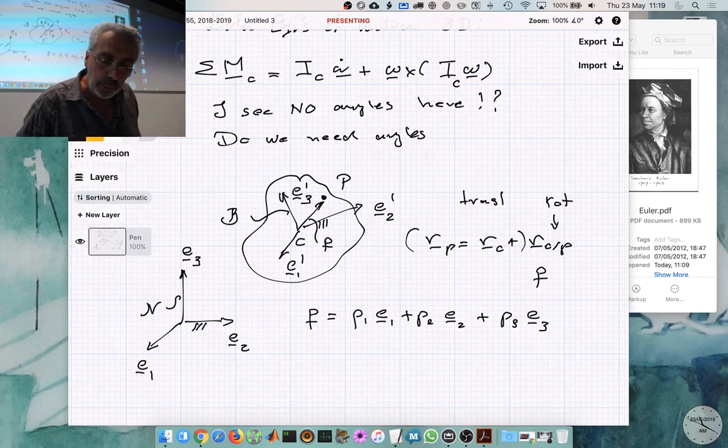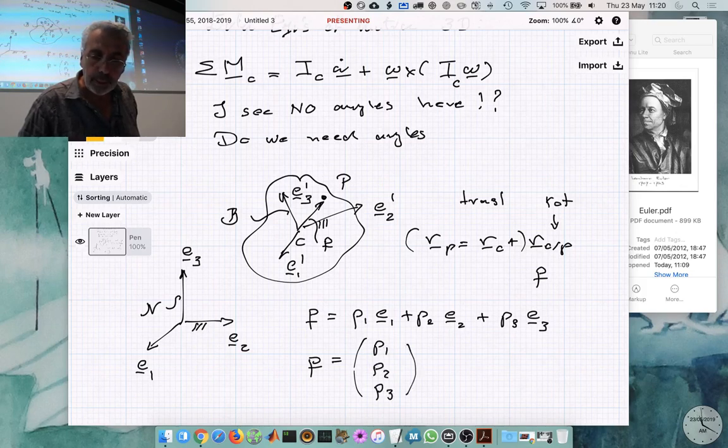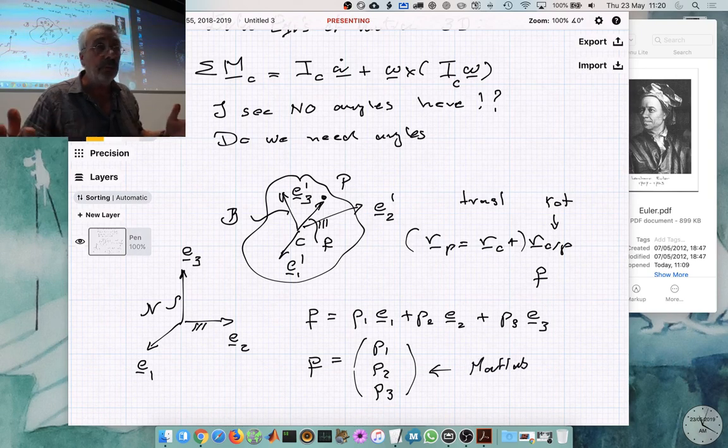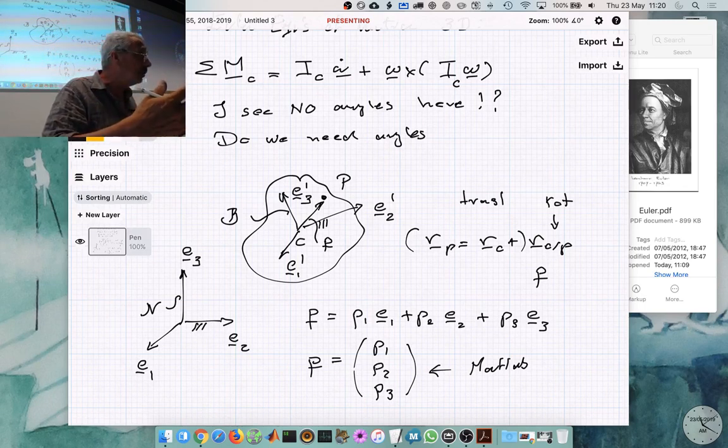And then what do we write? Well, if we work in components, the components we can also put in a vector, p1, p2, and p3. And this is what you use in MATLAB. These are the numbers you use. They are the coordinates of the point expressed in some coordinate system.